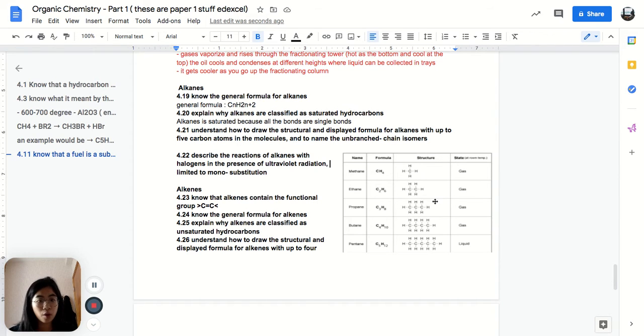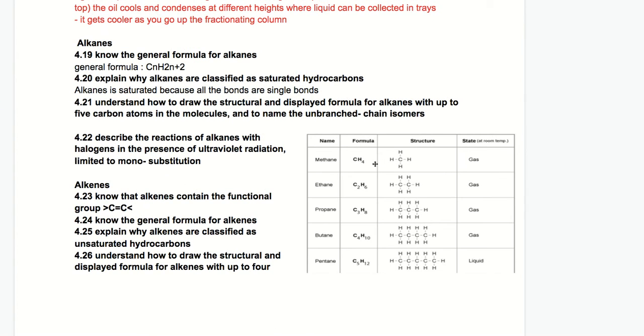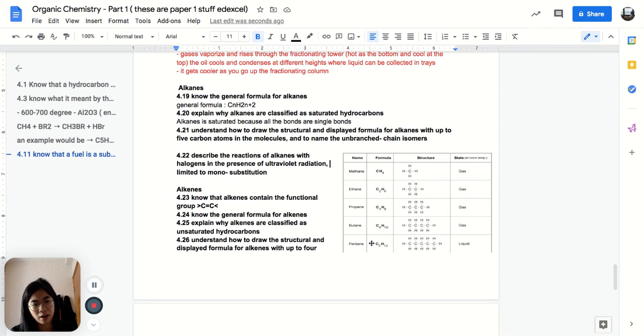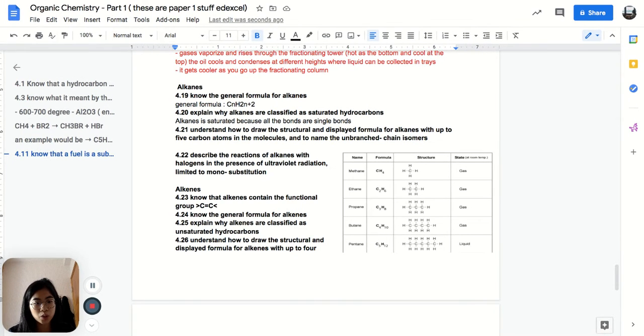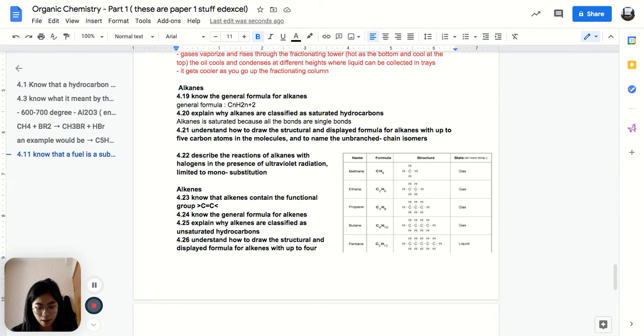But remember, it's only single bonds, so you only draw one branch, one branch, one branch, one branch, like that. I don't think that is really hard, not gonna lie. But I'll also show you their structural formula as well, because this is their display formula and this is their molecular formula, but you will be asked for structural formula as well.